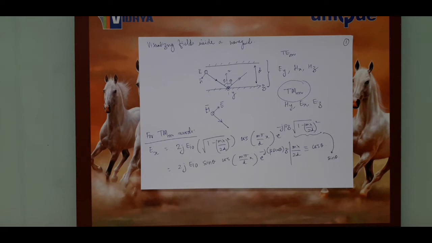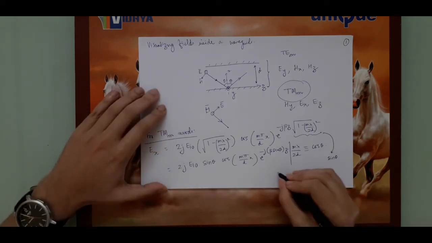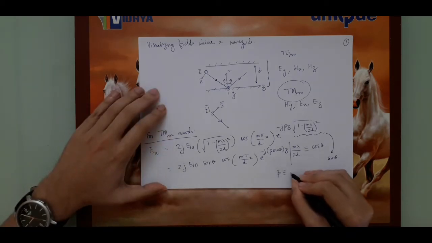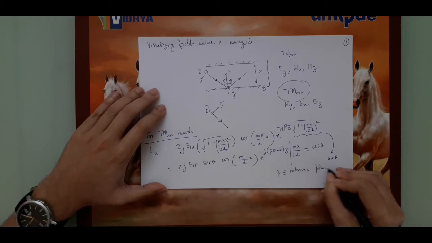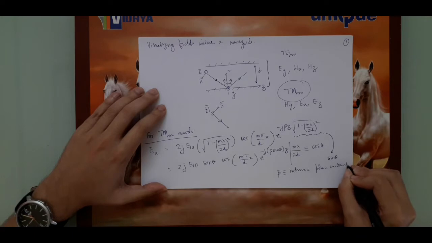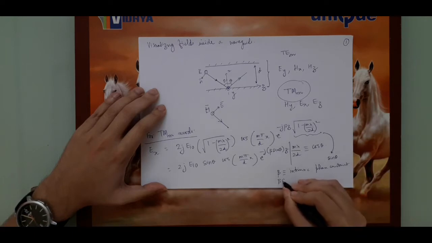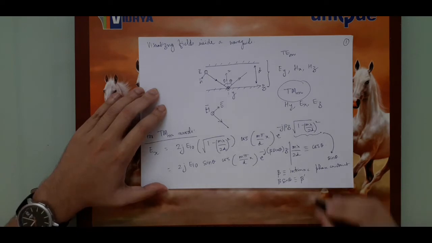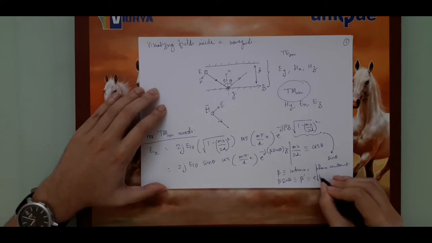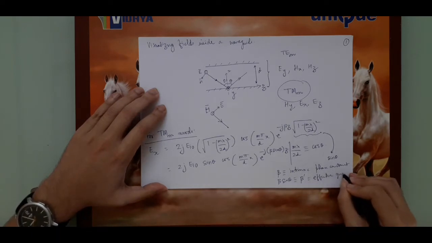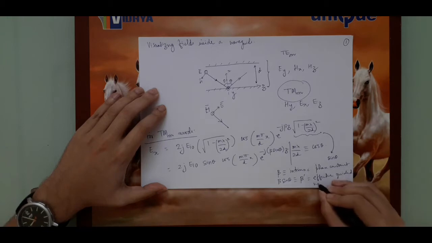So if beta is the intrinsic phase constant, then beta sin theta we can write as beta prime, that is the effective guided wave phase constant.